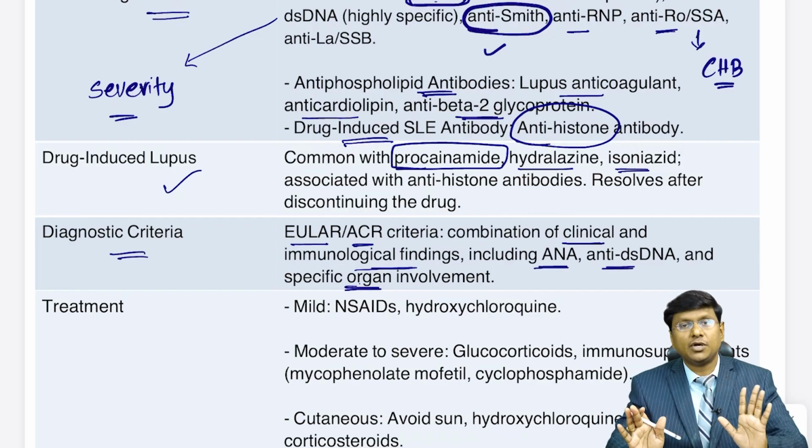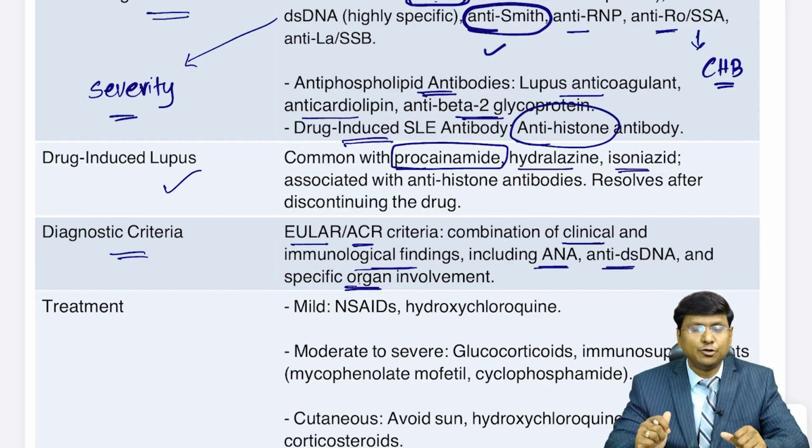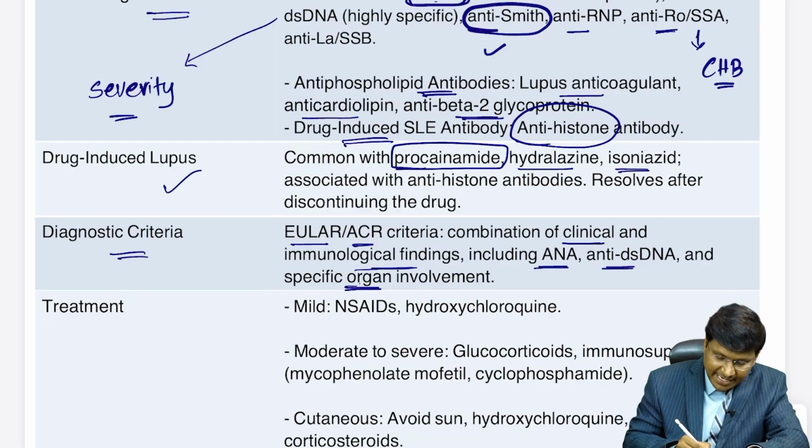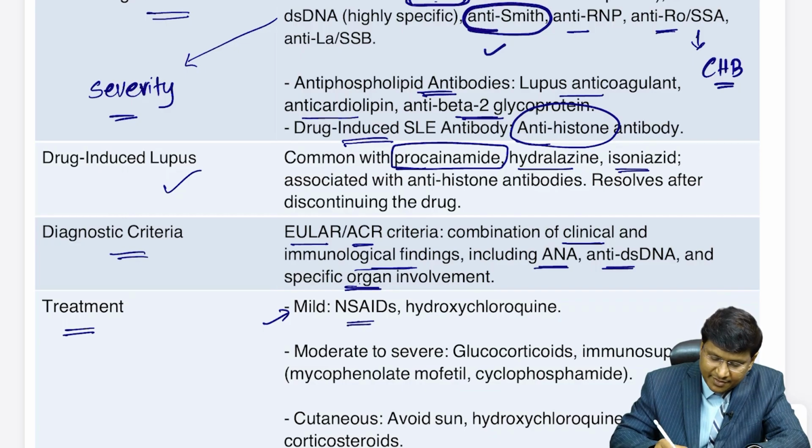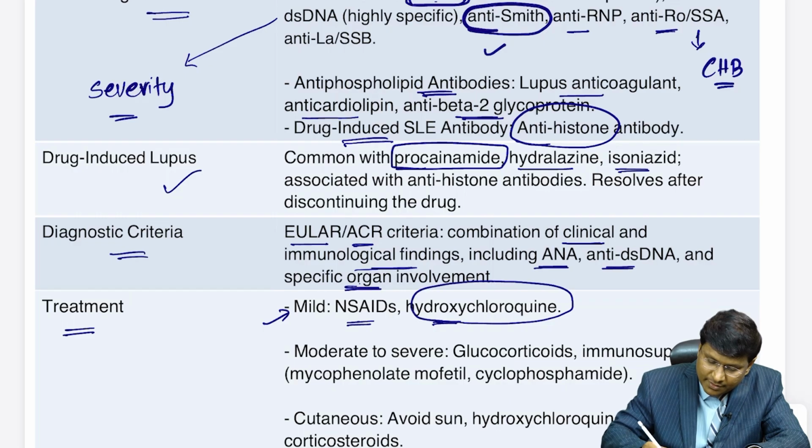So this will be the EULAR or ACR criteria for systemic lupus erythematosus, right? And how do you treat these patients? Mild cases of SLE, you can give non-steroidal anti-inflammatory drugs as well as hydroxychloroquine. Mainly this hydroxychloroquine we give in the treatment for photosensitivity.